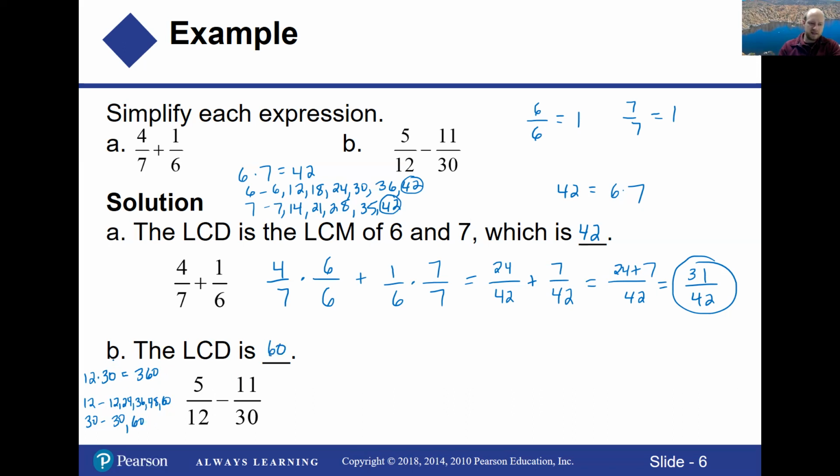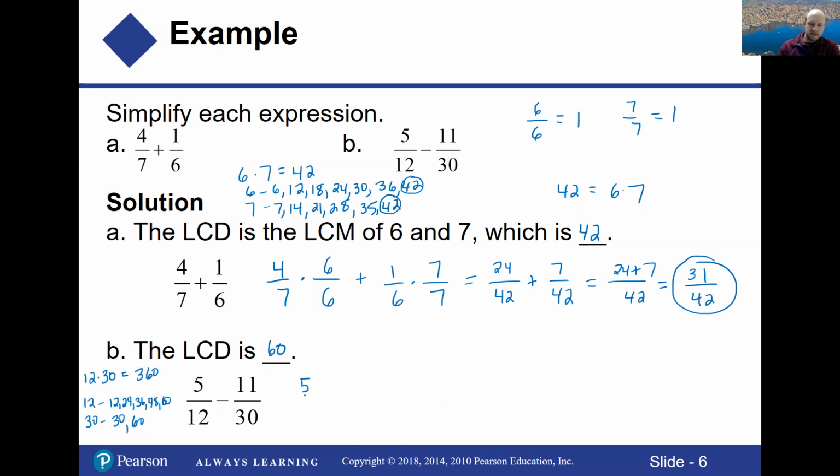Remember, a common denominator could be 360, but then you'll have to simplify at the very end. If you get this LCD, you're generally not going to have to simplify. In this case, you will a little bit at the end, but it's not going to be nearly as much as if you had 360 in your denominator versus 60.